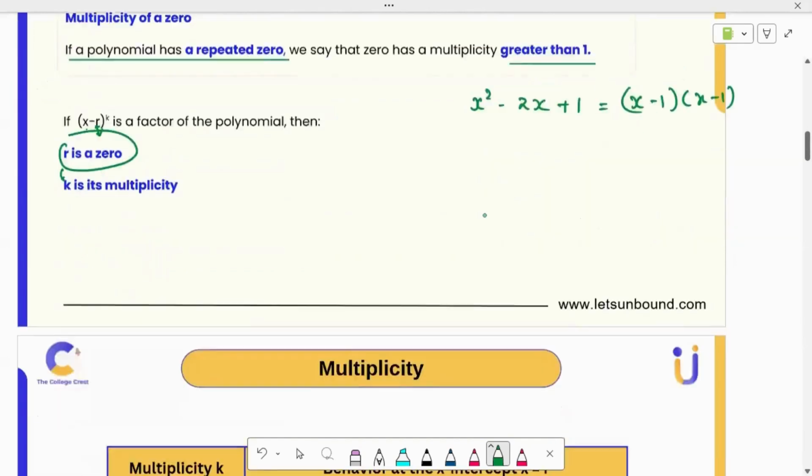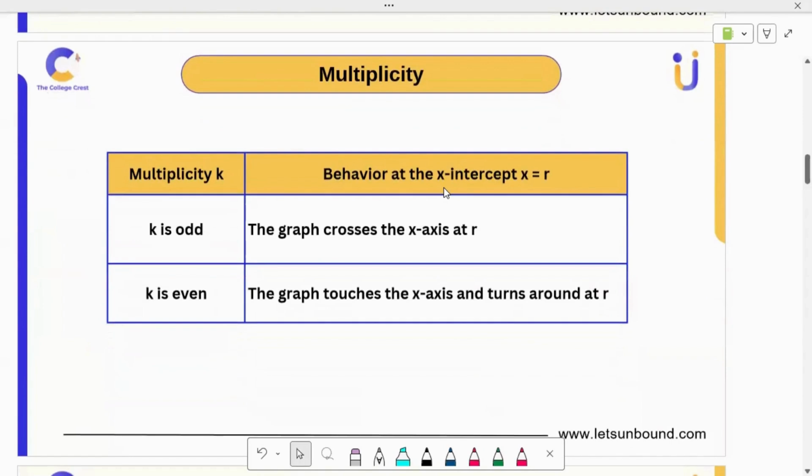It's very simple. What happens when it is odd? When it is odd, the graph crosses the x-axis at that zero. So if I have (x minus 3) to the power 5, at 3 the graph should cross. It will cut that point and move away. But when k is even, say (x minus 4) squared, the multiplicity is even, so it will bounce back.